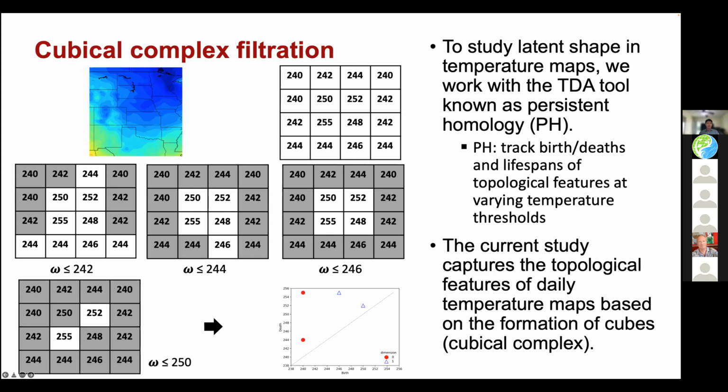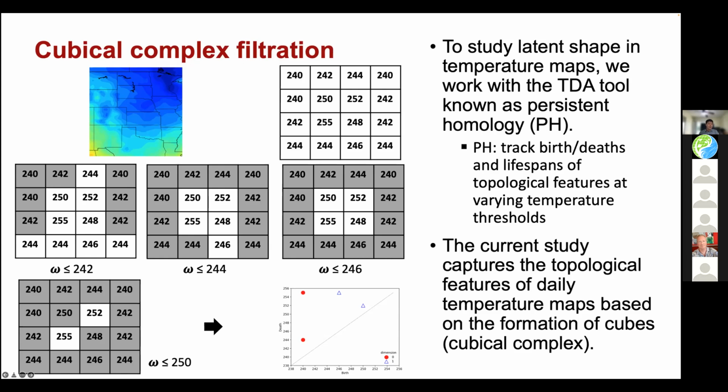For example, there's one connected component at the beginning, and as the threshold increases, these two holes are born. And when the threshold becomes larger than the maximum value among these 16 values, nothing survives except one single giant connected component.